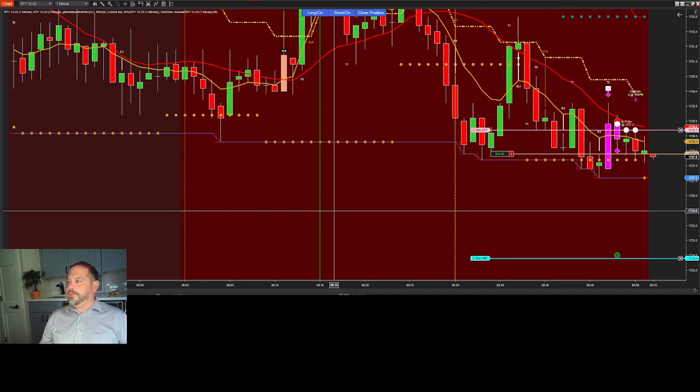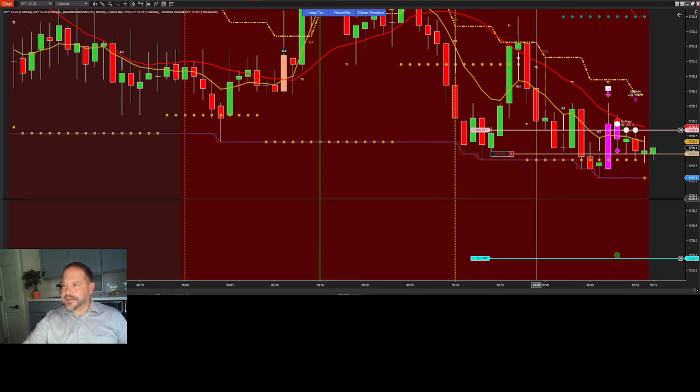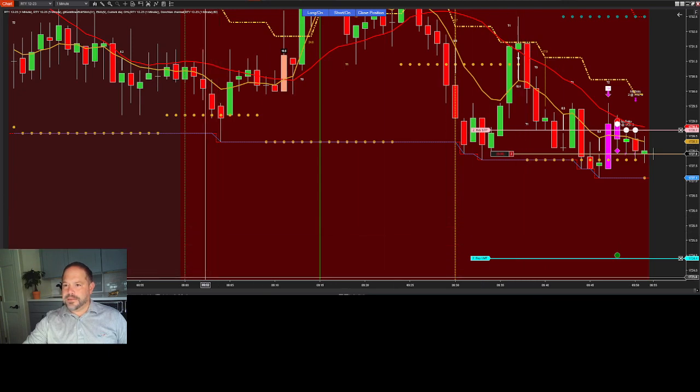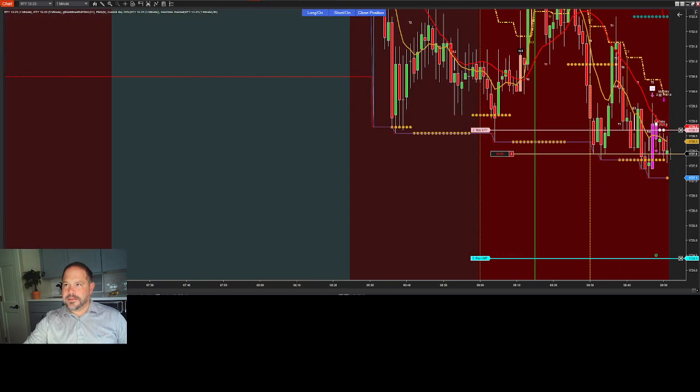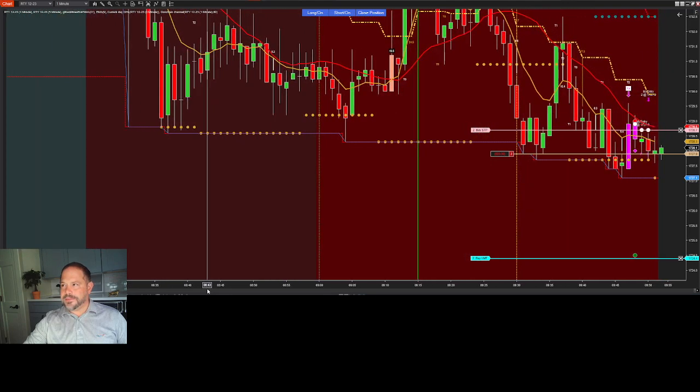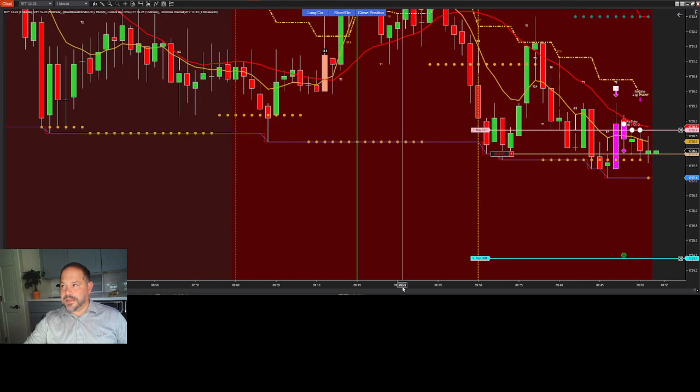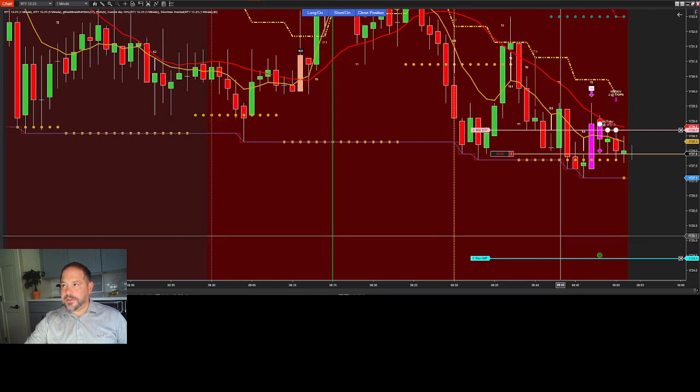This would be a great one for the system to show what it can do. And I say it's an aggressive target just because price hasn't been there, and I'm a big believer that price likes to go where it's been.